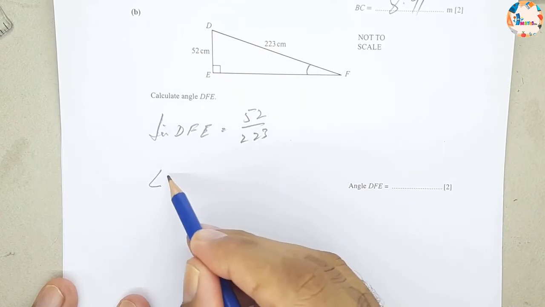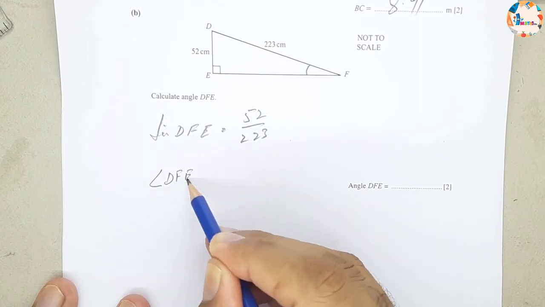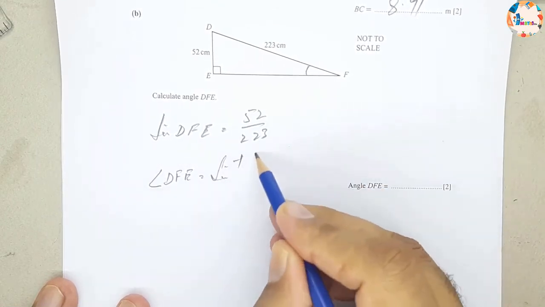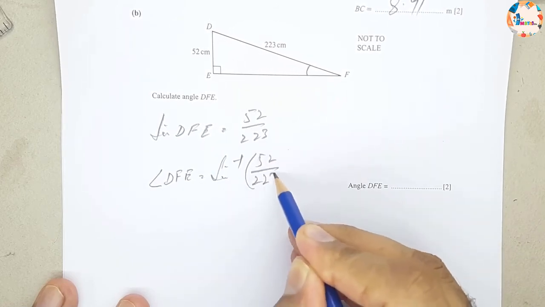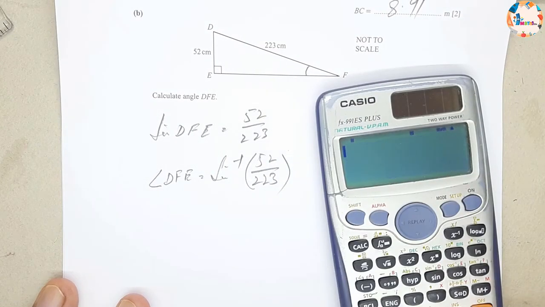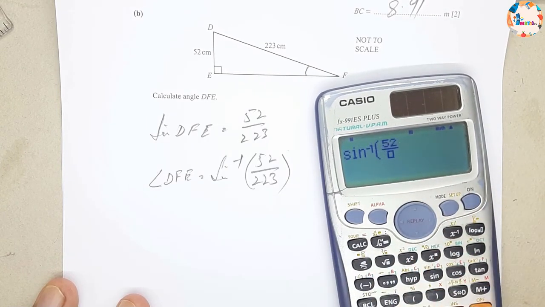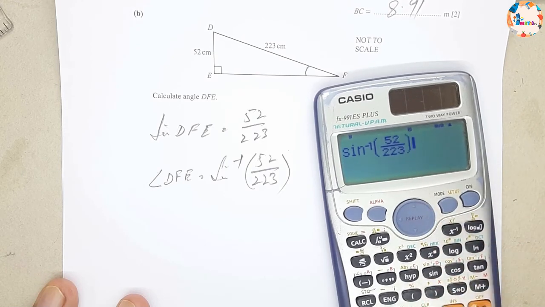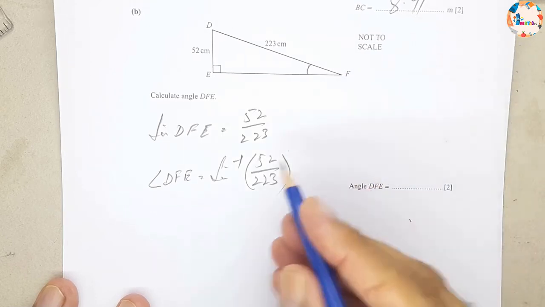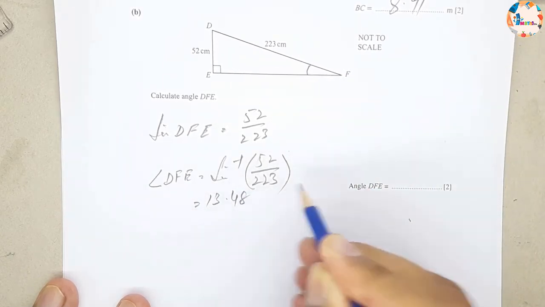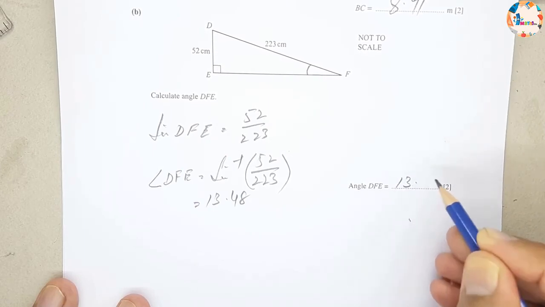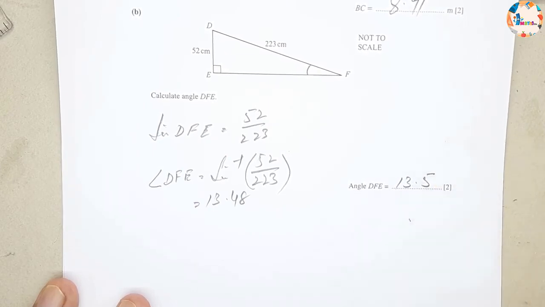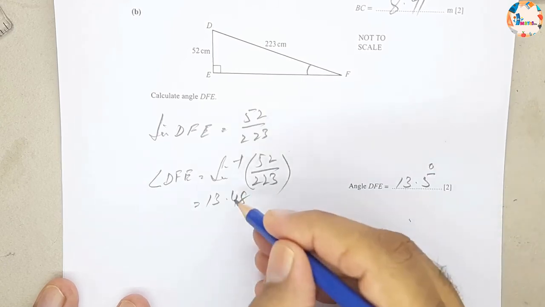So angle DFE will be equal to sine inverse of 52 over 223, and this one we can use calculator. This will be equal to 13.48. So our answer rounded will be 13.5 degrees. This will be our answer.